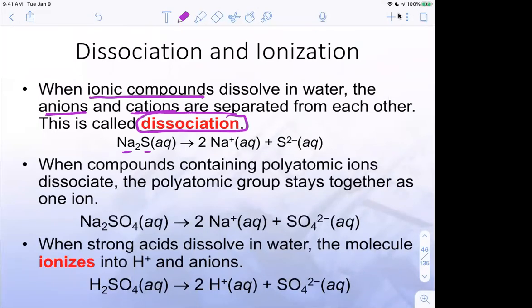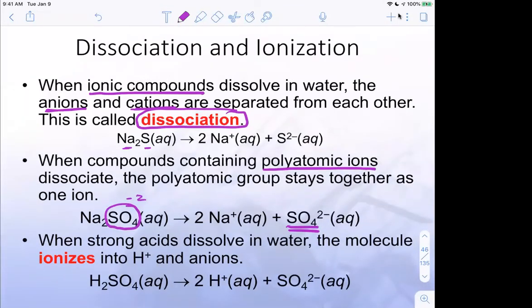If I have ionic compounds that contain polyatomic ions, my polyatomic group stays together and I get the cations and then my polyatomic anion staying together as one ion. This is also a dissociation because I have the ions there already in that crystal lattice, but they are now going to separate from each other to form their constituent ions, surrounded by water in the aqueous solution.